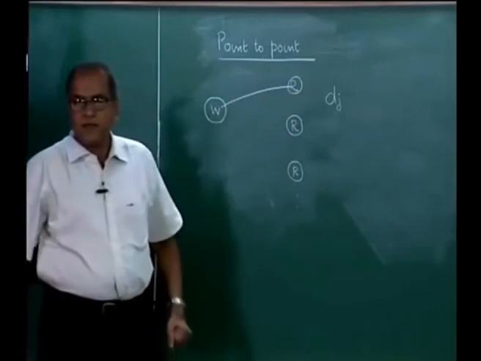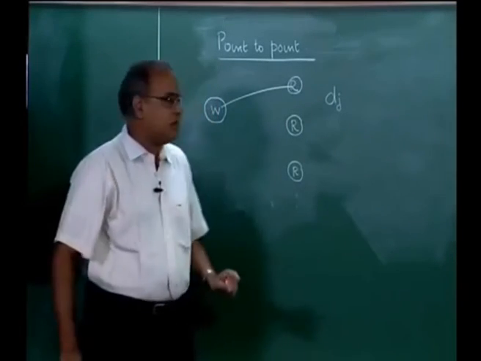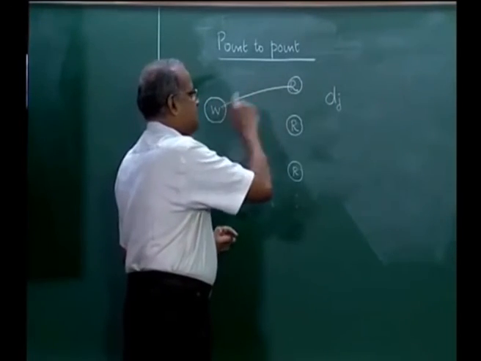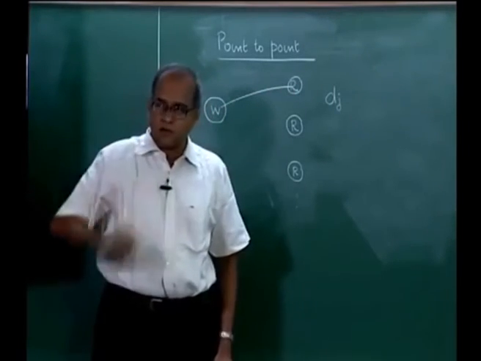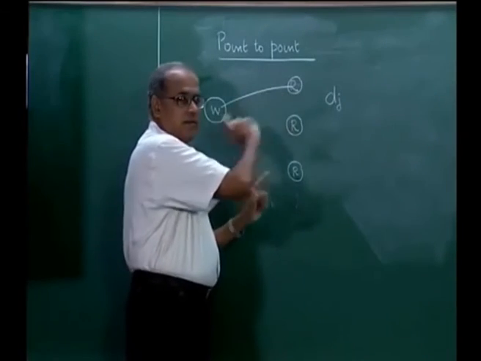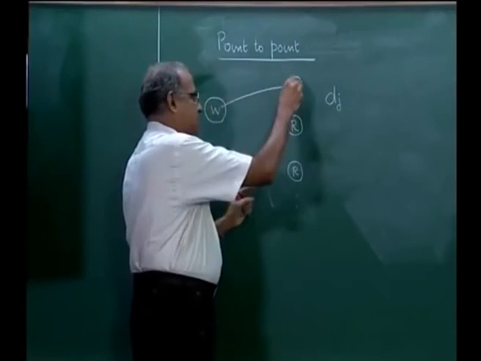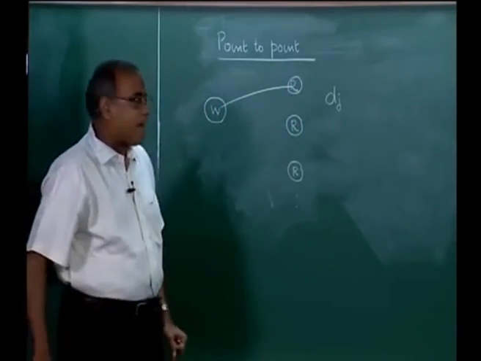Now, we will assume that there is a single truck which is going to transport. So, whatever quantity is transported from here to here is less than or equal to a single truck load, and we do point to point, which means from here it goes, comes back, and then goes to some other place and comes back.